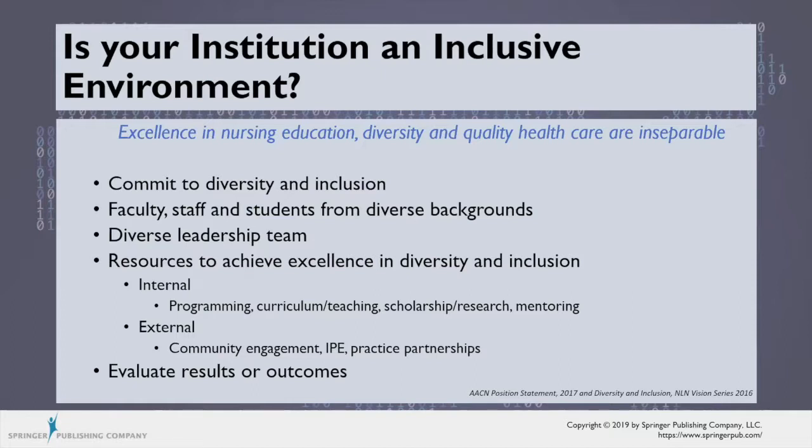At the GW School of Nursing, we started our diversity initiative about 2 years ago, and our dean formed an advisory council, and the council was charged with creating a diversity mission statement, a strategic plan for diversity, and also an evaluation plan.